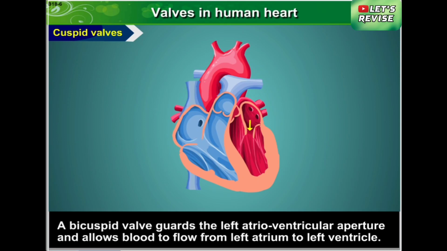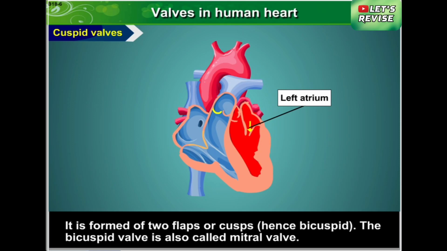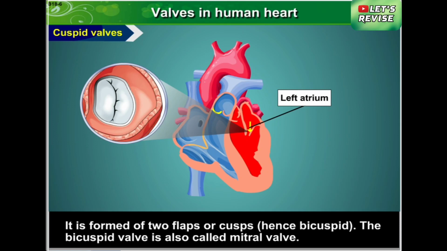A bicuspid valve guards the left atrioventricular aperture and allows blood to flow from left atrium to left ventricle. It is formed of 2 flaps or cusps and is hence bicuspid.